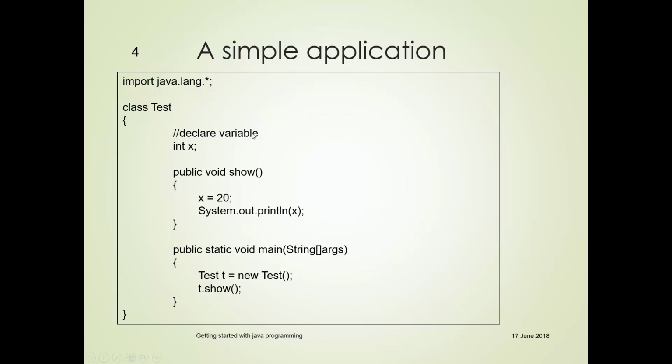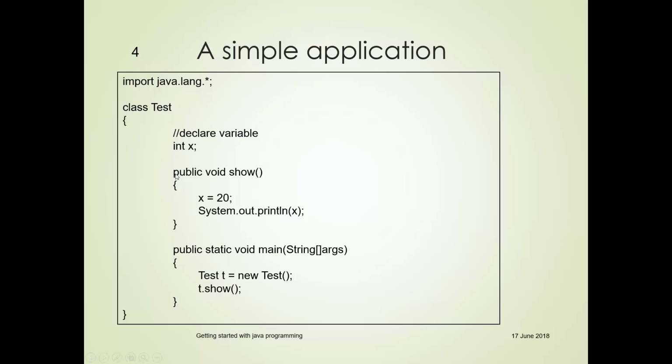Comments are statements which are not actually part of the program, meaning they are not going to execute, but they will be visible to a developer, to a programmer. A programmer writes some text which helps the same developer or some other developer. For example, if after 2 or 3 months I see the same program, to understand what a particular word or line that I wrote is for, what its purpose is, I write some comments. So int x is a variable.